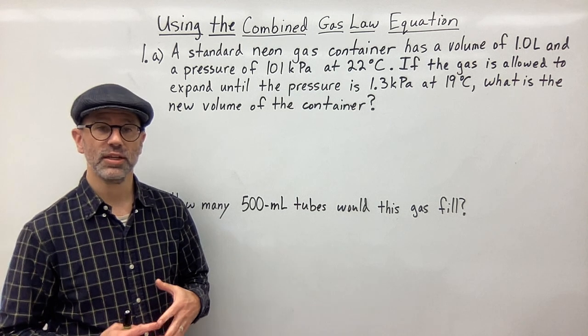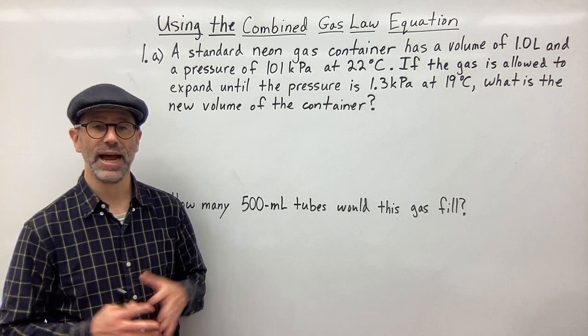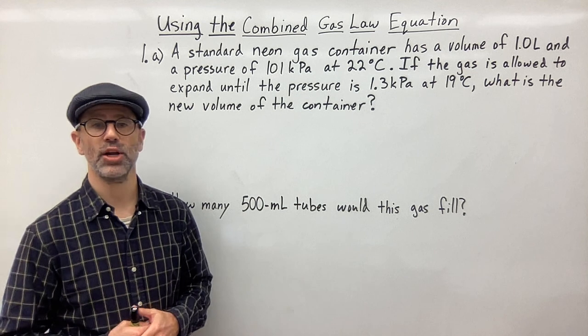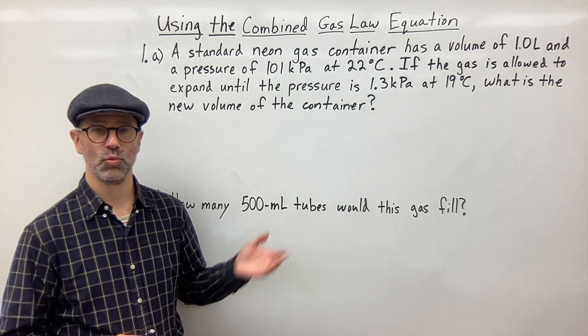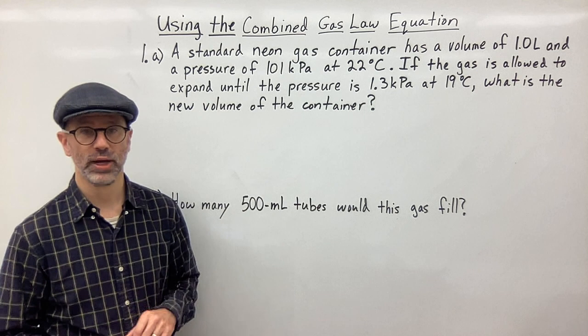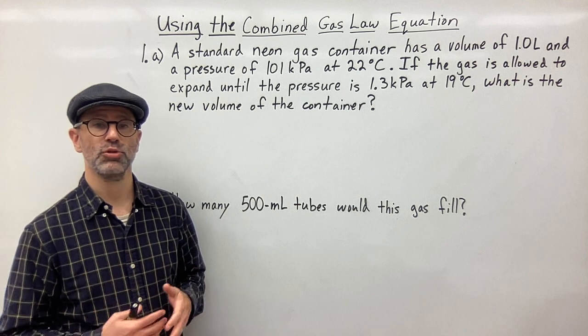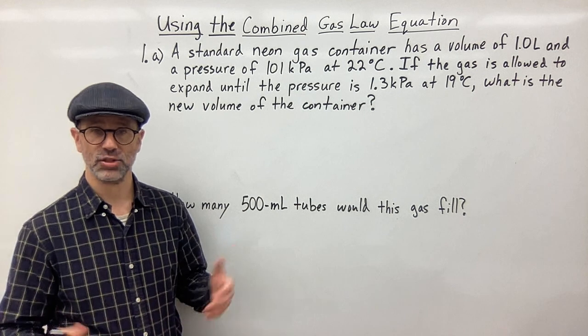So the gas is undergoing these changes, and we want to know what the new volume is. So the old volume we're set is 1 liter. What's the new volume? Okay, so this is obviously going to use the combined gas law equation.